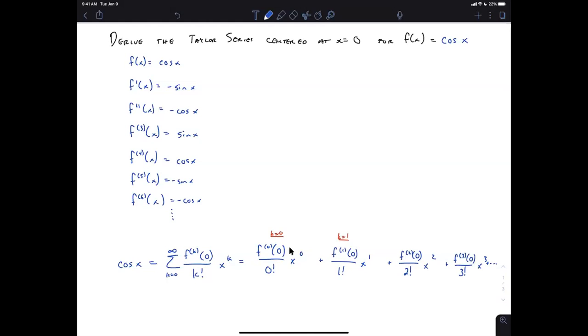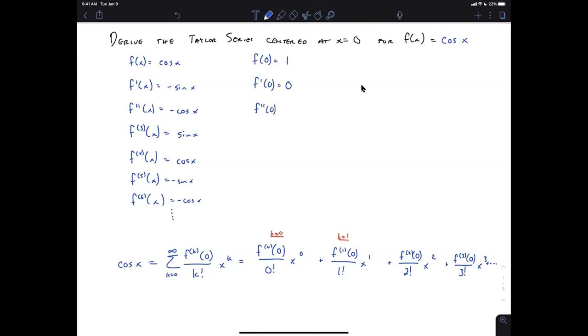Then you plug in the center, because what we're worried about is not just f2 of x, we want f2 of 0. So we now make a second list to the right where we plug in 0 for x. F of 0 is cosine of 0, which is 1. F prime of 0 is negative sine of 0, which is 0.